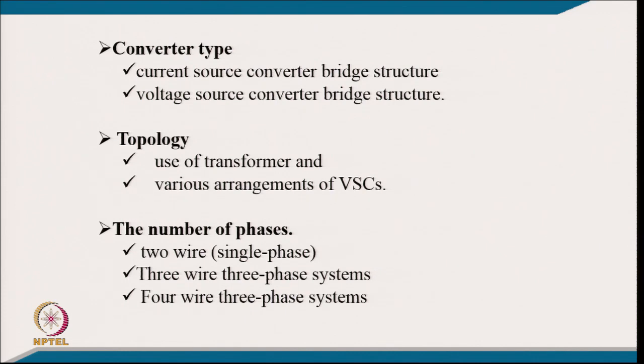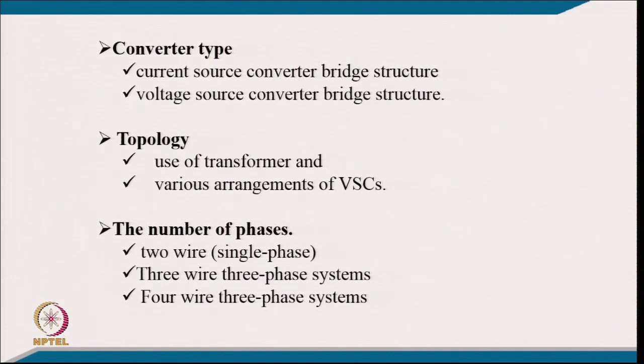Another is the topology, whether you like to use a transformer for interfacing the D-STATCOM with the grid network, because sometimes we need the transformer for many purposes. One purpose is isolation; another is that you like to use the D-STATCOM at a high voltage network, where the power electronics may not be optimally designed. So, we can use the transformer in between to transform to the appropriate voltage at which the power electronics converter interfaces.